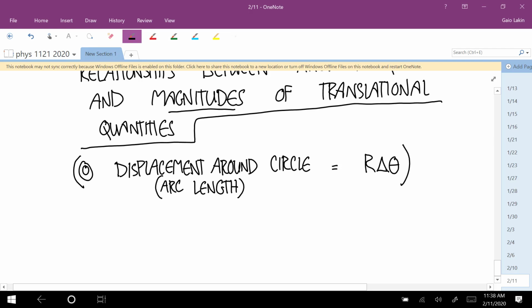You've used that before in geometry. But here are the three that we're going to use.